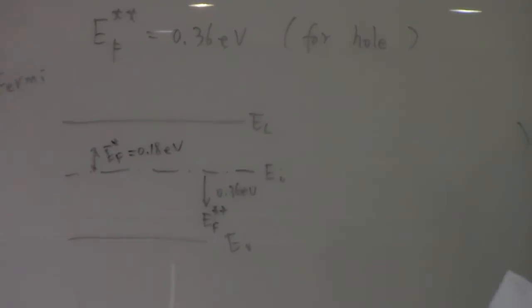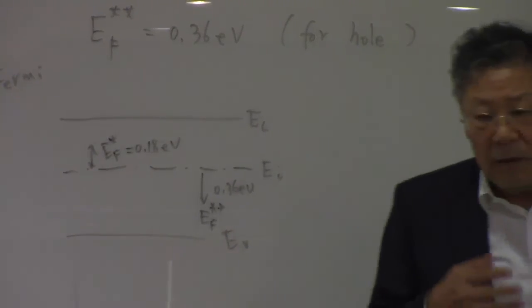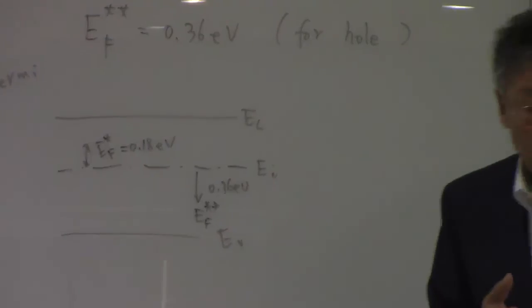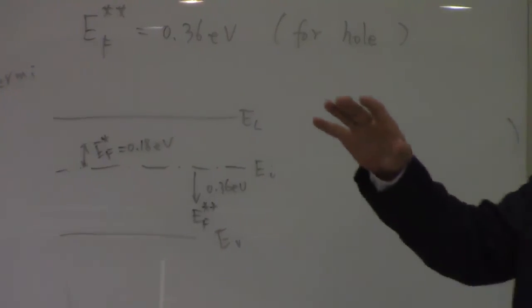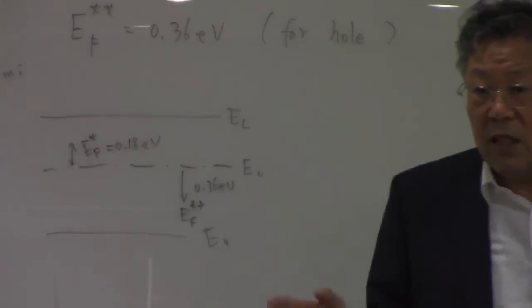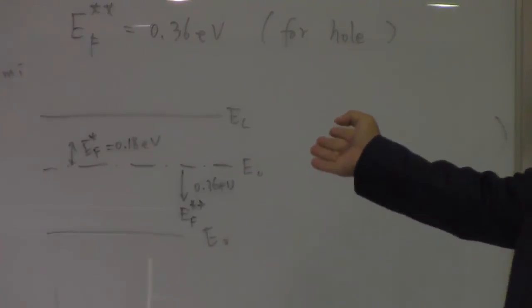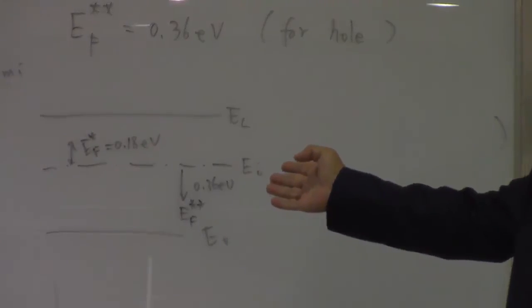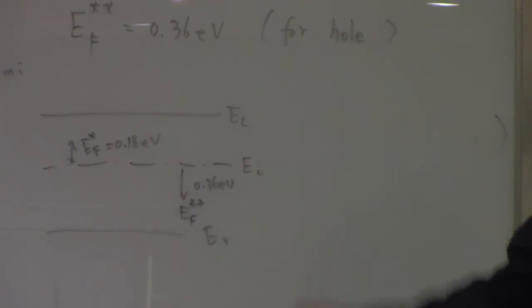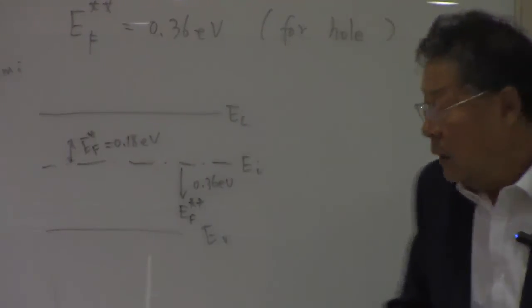So in non-equilibrium semiconductors, you may see most of the semiconductor devices are working under non-equilibrium conditions. None of the semiconductors is working at equilibrium conditions. So actually these quasi-Fermi energy levels may be more important than just the equilibrium Fermi energy levels, right?